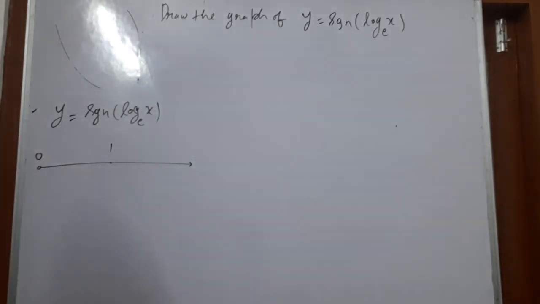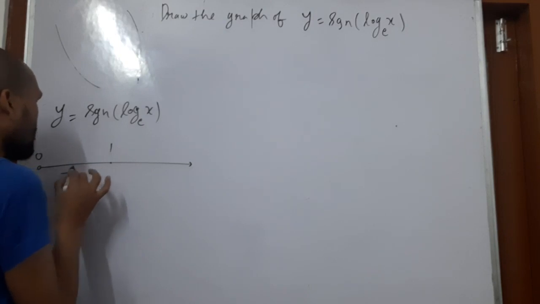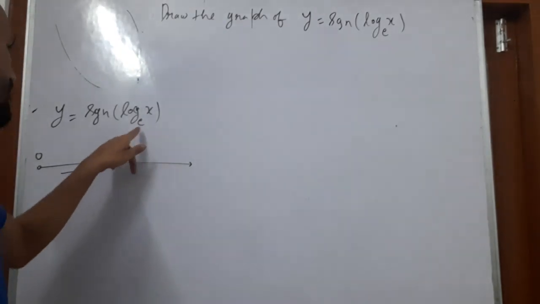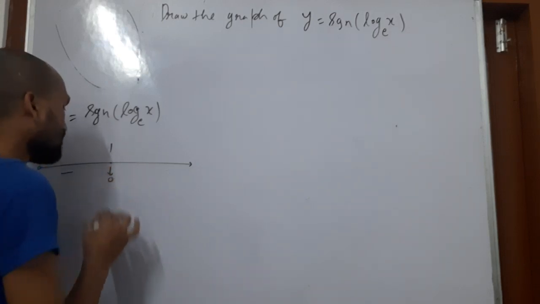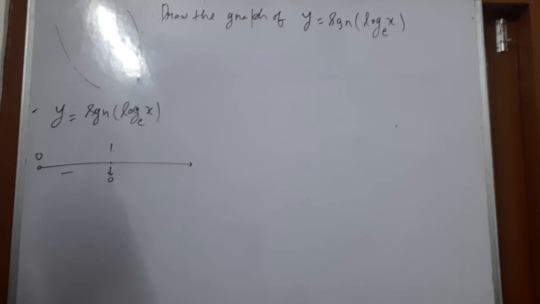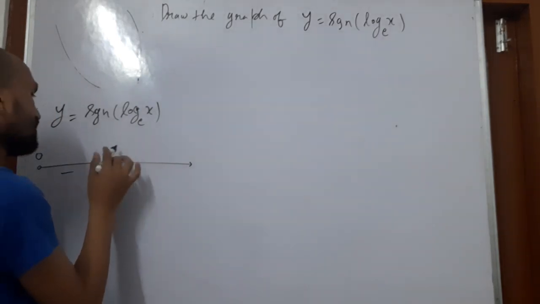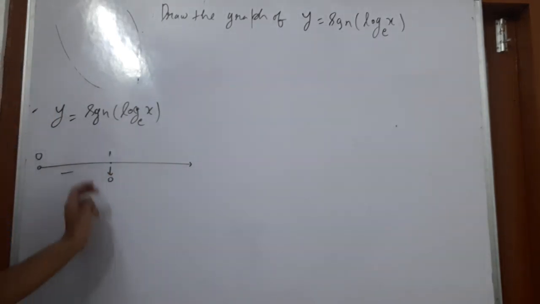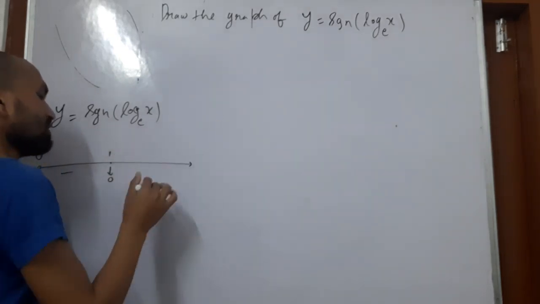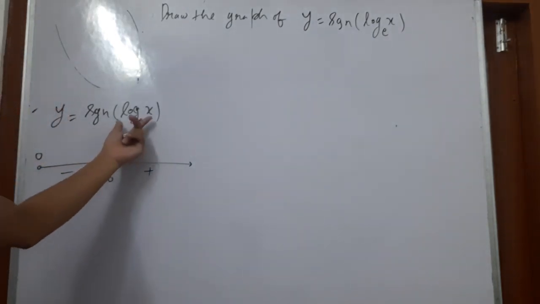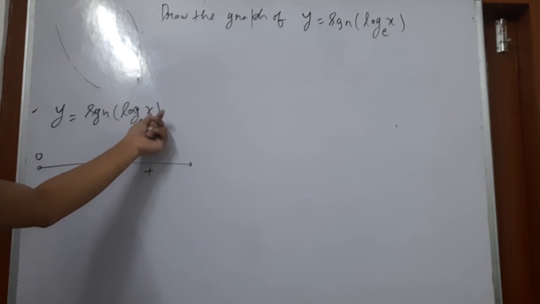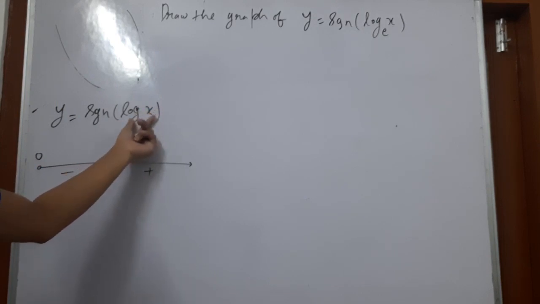When x is taken between 0 and 1, log x will always be negative. At x equal to 1, log x is 0, and when x is greater than 1, log x will be positive.